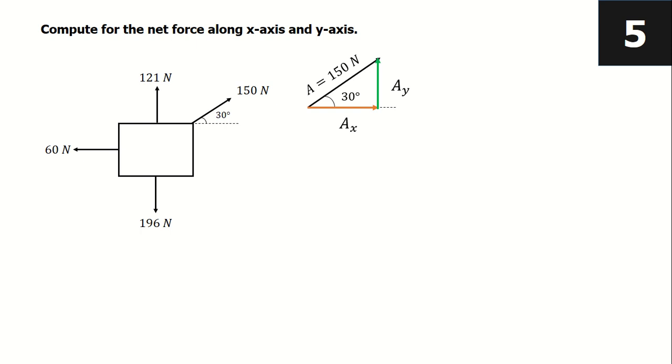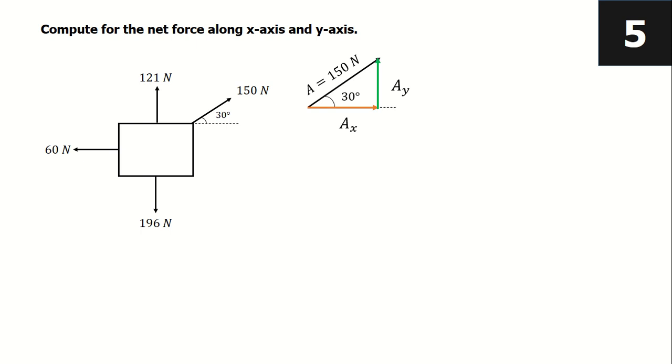As you can see, the side opposite the 30-degree angle is the AY. So you would expect to use the sine function to compute the value of AY, since sine is opposite over hypotenuse, and AX is the adjacent side. So you will expect to use the cosine function, since cosine is adjacent over hypotenuse, to compute the value of AX.